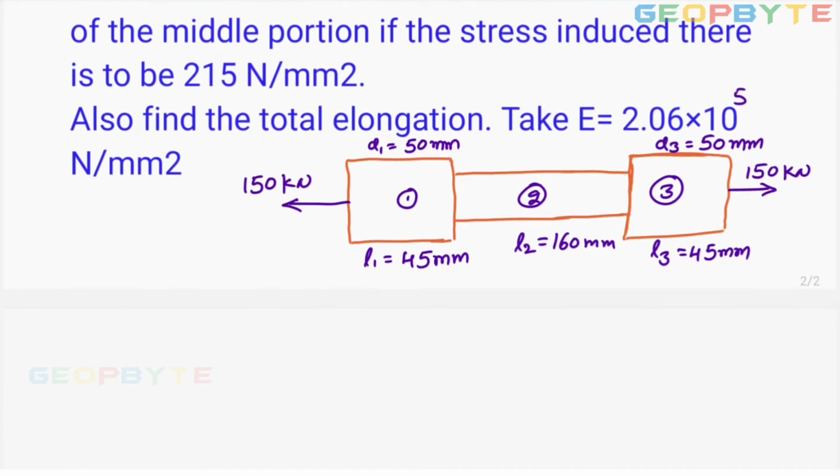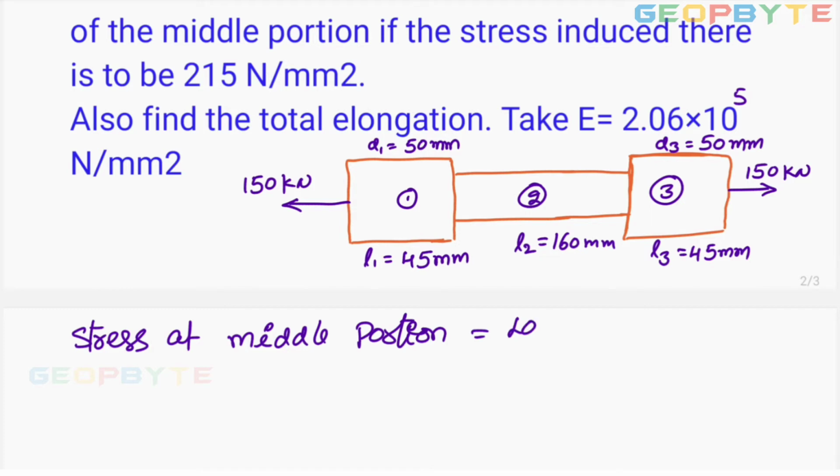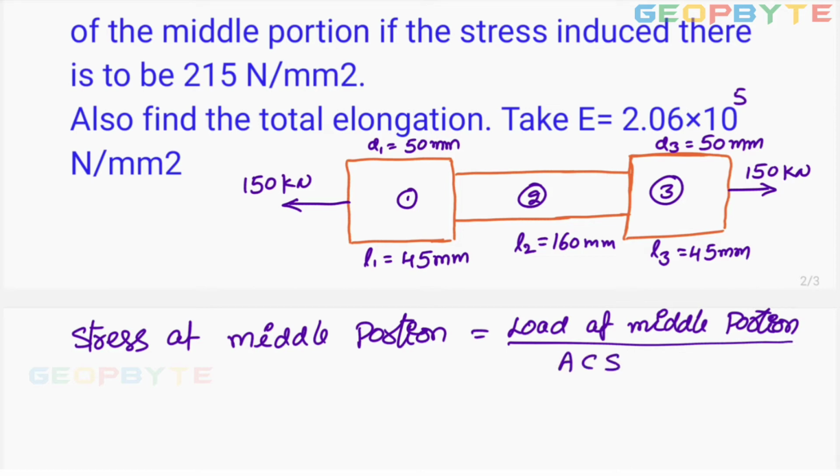It is given that stress at the middle portion equals load at the middle portion divided by area of cross section at the middle portion.